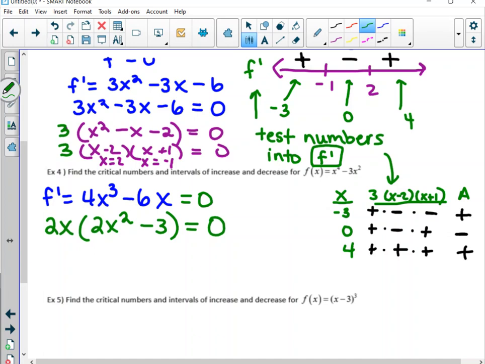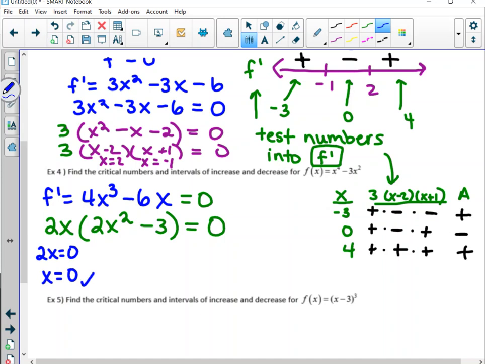And this is actually the kind of problem where the calculator isn't going to give you the precision answer that the calculus will. So, here we go. 2x equals 0 means that x equals 0. So that's one of my critical numbers.